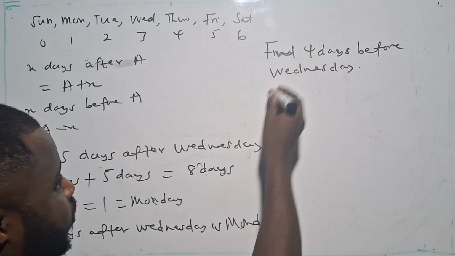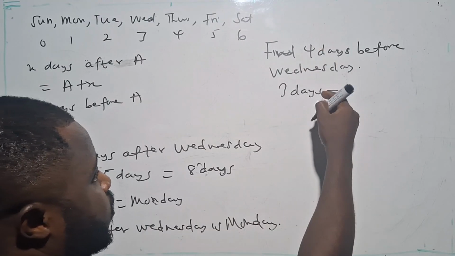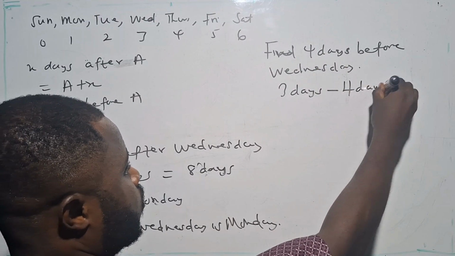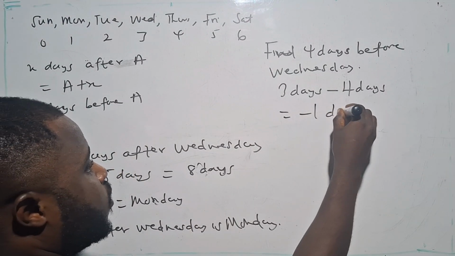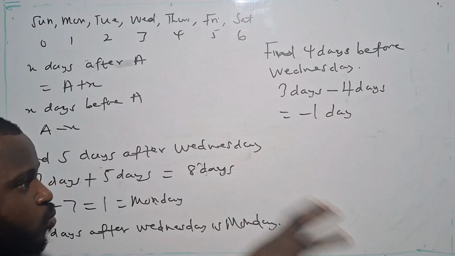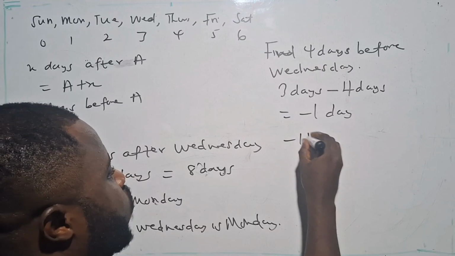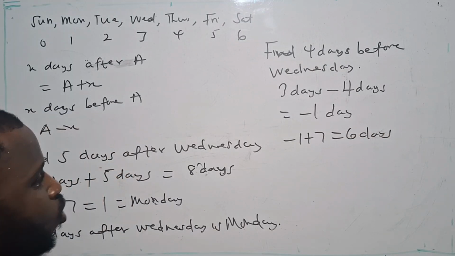So now find 4 days before Wednesday. Now Wednesday is 3 minus 4 days, which is going to give us -1 day. We don't need negative when we're working with modulo. Here our guide is still the 7. So we are going to have -1 plus 7, which is going to give us 6, or day 6.